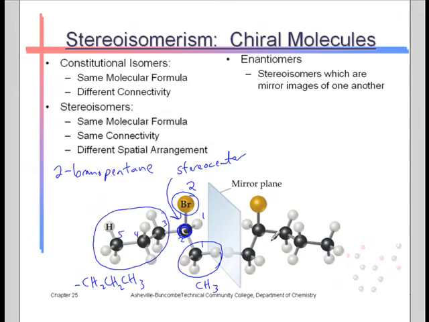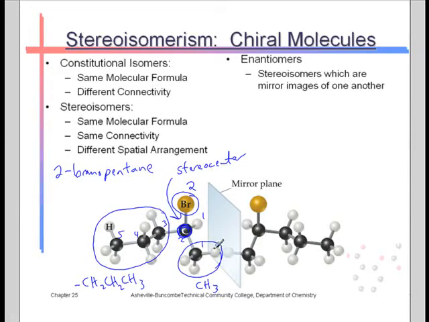When you look at biological systems and enzymes acting on substrates to form some kind of product, you see stereochemistry, enantiomers playing a major role in that kind of reactivity. One example is something called thalidomide. It is a molecule that was used back in the 70s to help reduce morning sickness in pregnant women. Well, as it turns out, the drug that was actually manufactured was a mixture of 2 enantiomers.